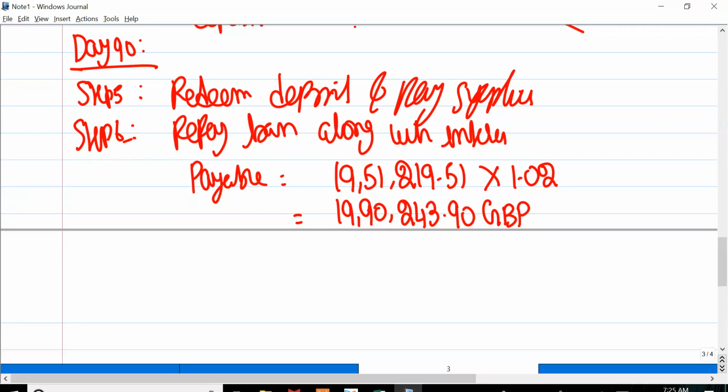I have to pay this much amount: 19 lakh 90,000 243.90 GBP.